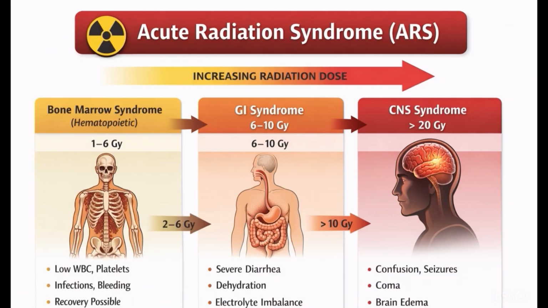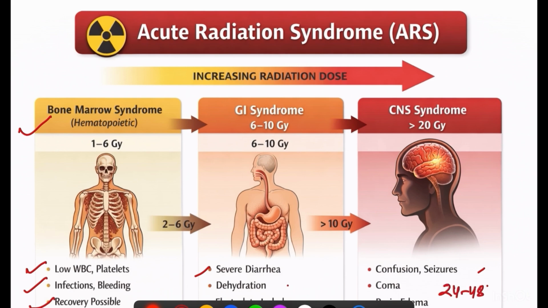There is severe diarrhea, dehydration, electrolyte imbalance, and in this the death may occur within 1 to 2 weeks. In CNS syndrome, there is confusion, seizures, coma, cardiovascular collapse, brain edema, and here the death may occur in 24 to 48 hours.